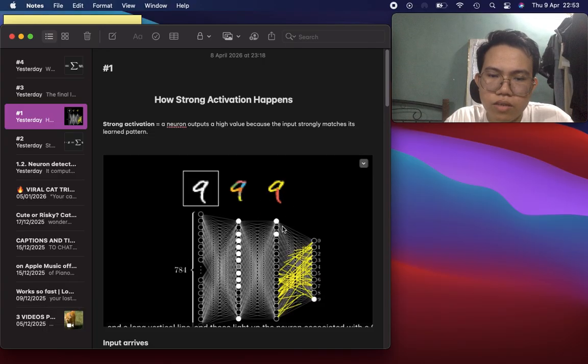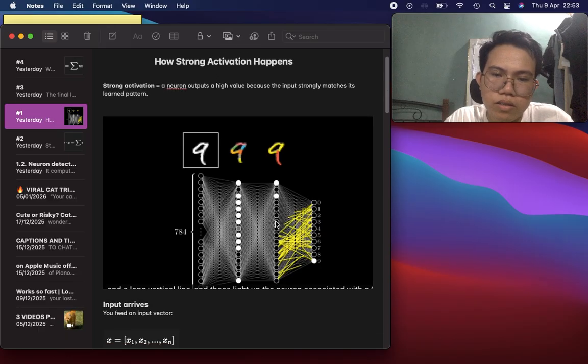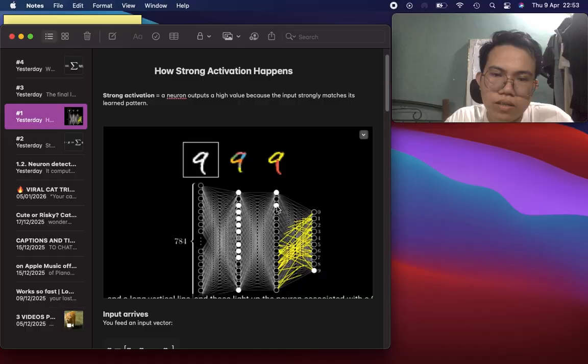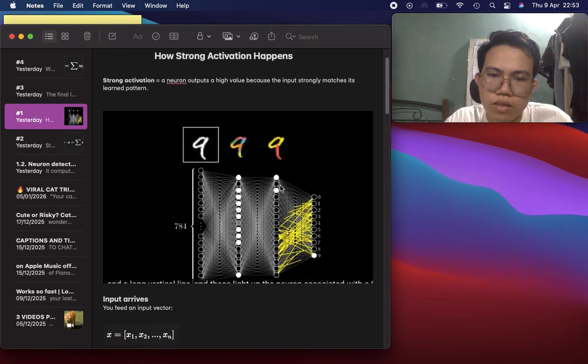This one fires up because it detects the loop like this here. It means fire, that's why it fires up, and this one fires up because it holds the patterns of this one.